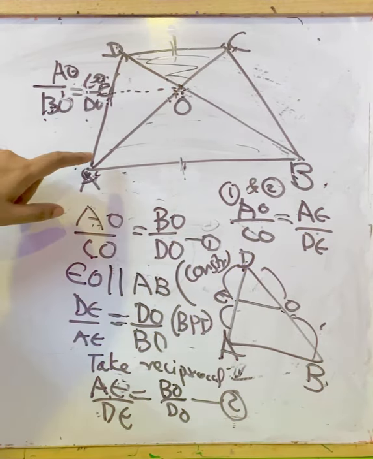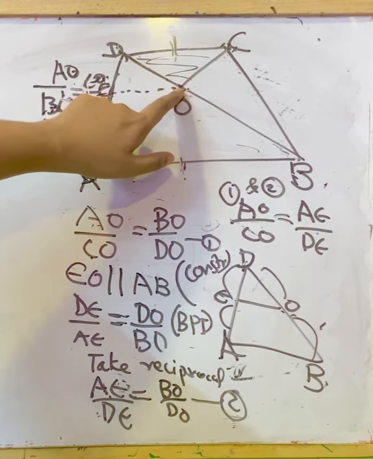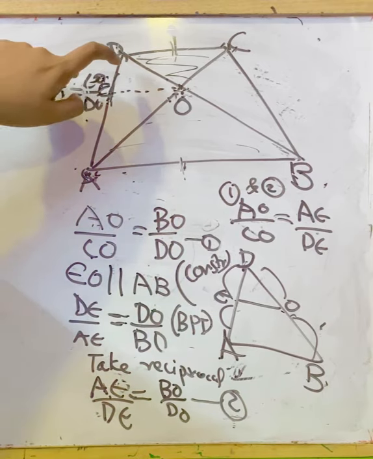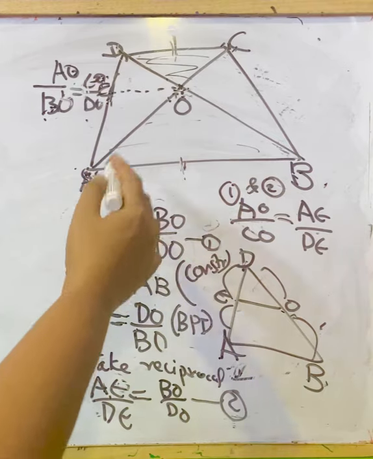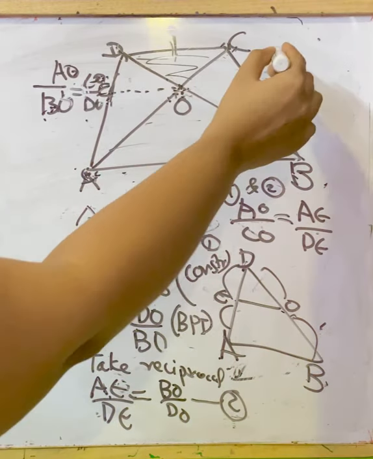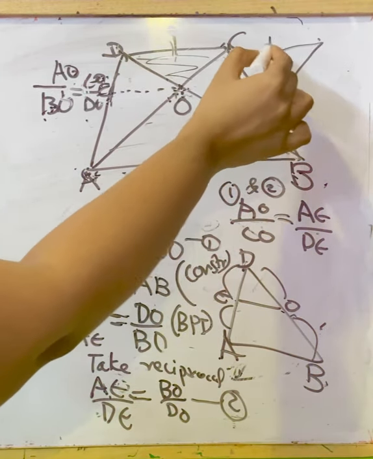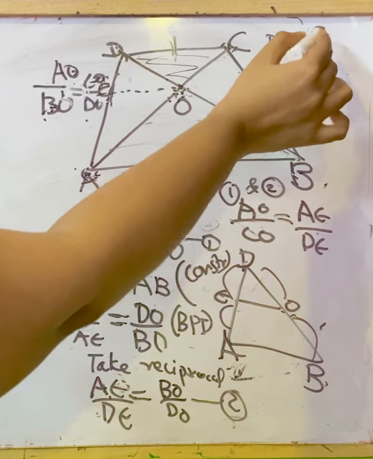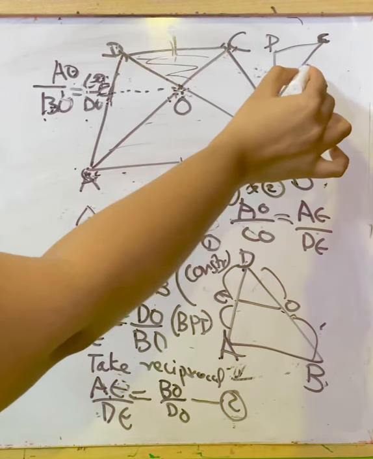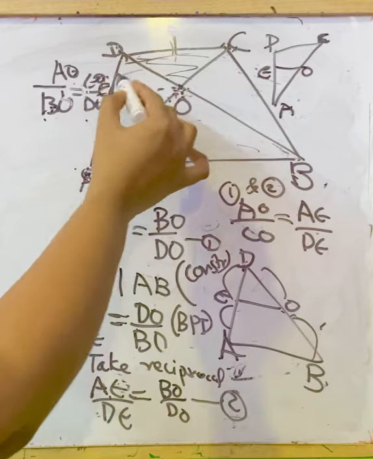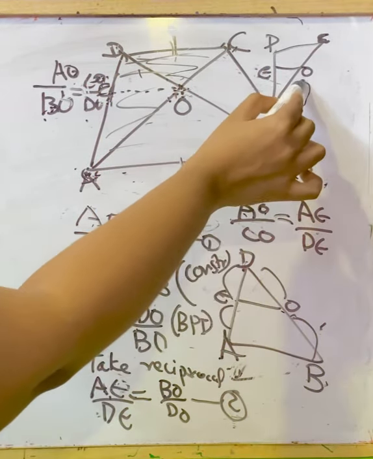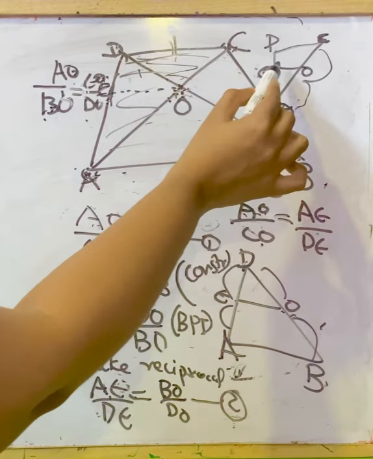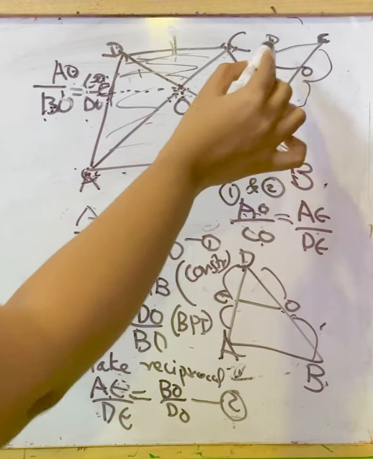Check in the figure. AO by CO equal to AE by DE. Which triangle contains all the points? That is this upper triangle, in which this is C, this is A, this is O, this is E. Can you see the triangle? In that, we have AO by CO equal to AE by DE.